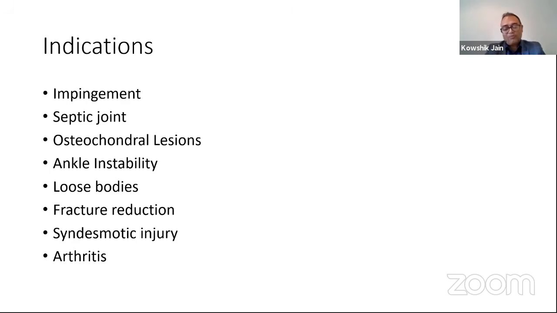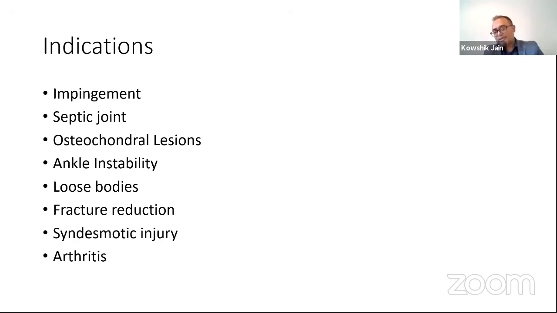I would say it's one of the very common indications, anterolateral impingement and anteromedial impingement for anterior ankle arthroscopy. And many of the arthritic ankles will have anterior osteophytes over the distal end of tibia and on the talus, which are called kissing lesions. And taking these out is one of the most satisfying arthroscopic procedures.